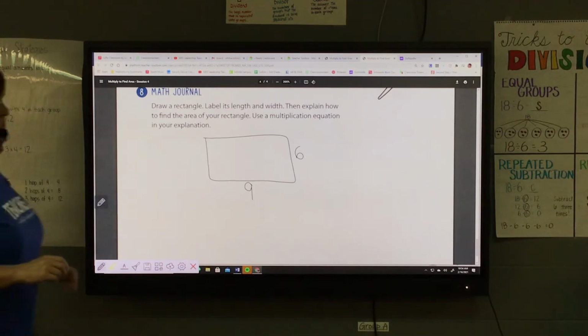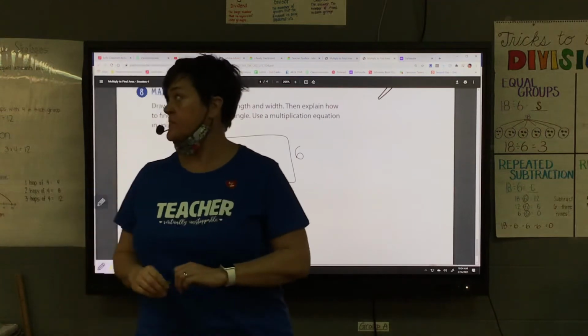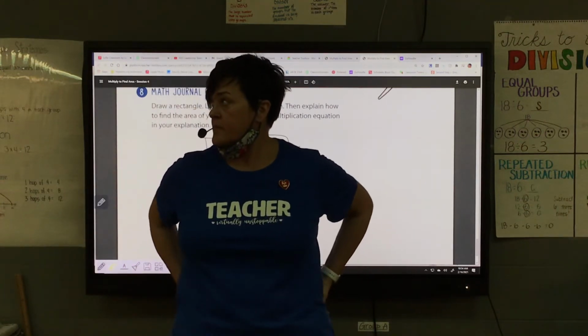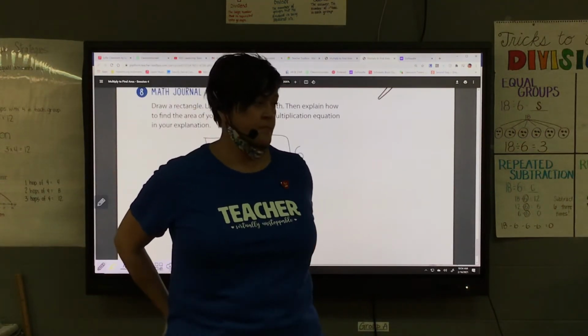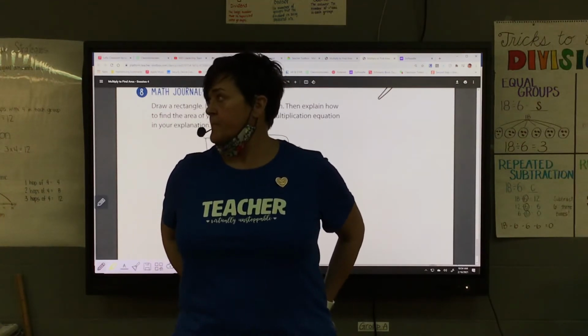You could do repeated addition. Yes, true. Could you do repeated addition and using?